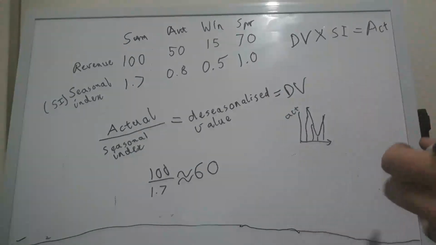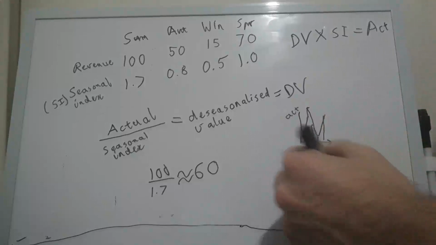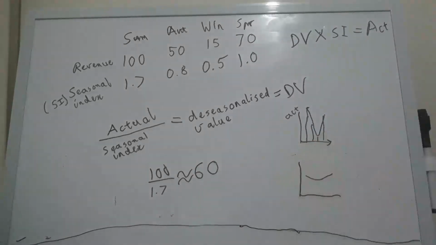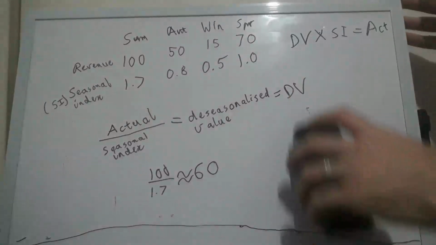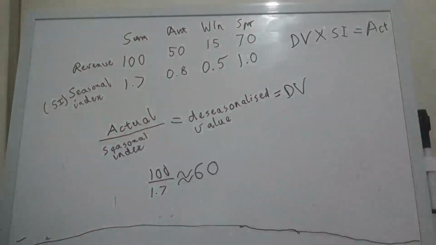That's really not a very healthy business model. If you use deseasonalised values, it should be much smoother. All the sharp spikes should be softened in a sense. So that's how you would get a deseasonalised value.